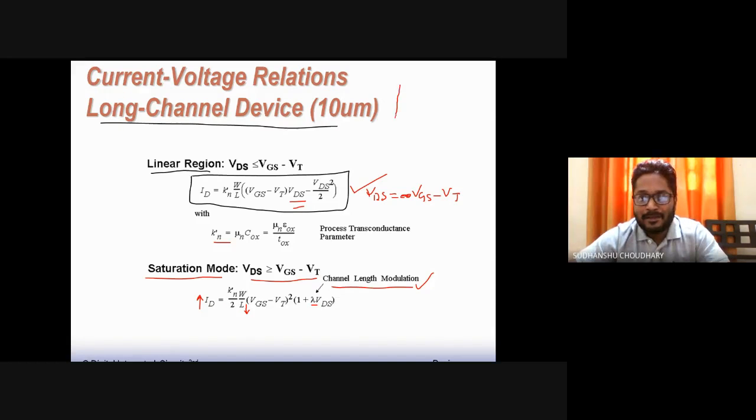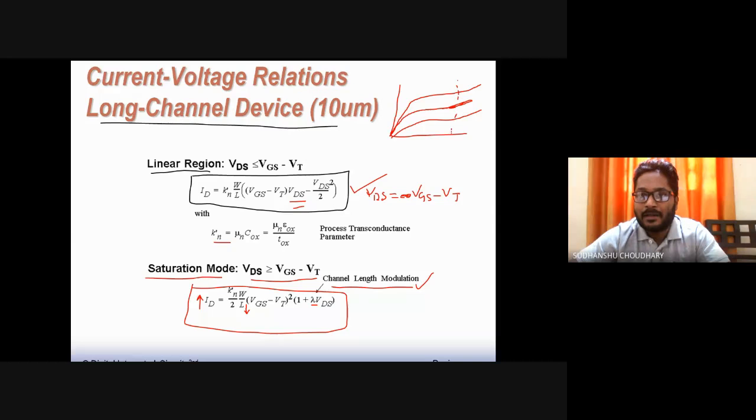That's why, when you simulate or calculate the behavior using this equation, you will see that the drain current actually increases during saturation, like this. So it saturates, and when the channel length further modulates, the drain current increases.